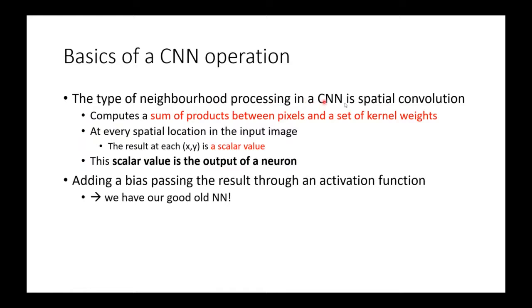The type of neighborhood processing in a neural network is spatial convolution. It computes a sum of products between pixels and a set of kernel weights. Remember, the convolution is nothing more than a sum of products. In a neural network, the main process of a neuron is what? It's a sum of products. So this was a great idea that these people had back in the 80s: they're both doing sum of products, but a convolution is somehow extracting features from the images, extracting lines, points.